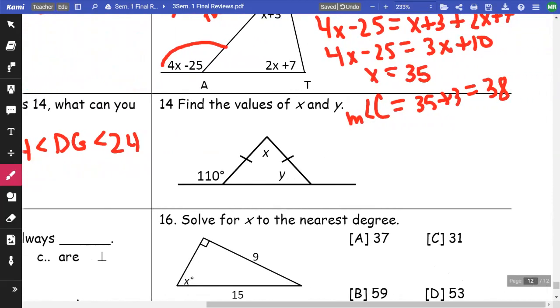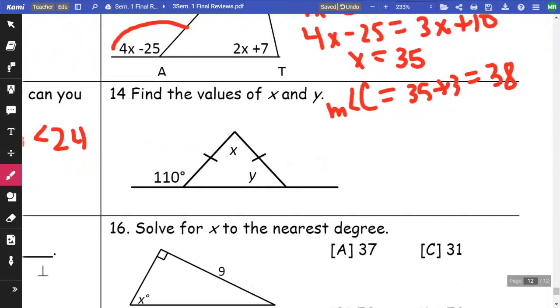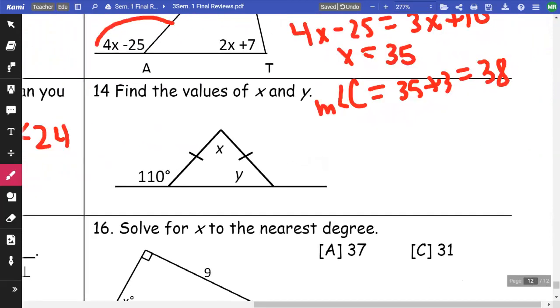So on number 14, let's see. I know that since this is isosceles, this angle and this angle are the same. And so I know that if this is 110, this has to be 70, which means y has to be 70.